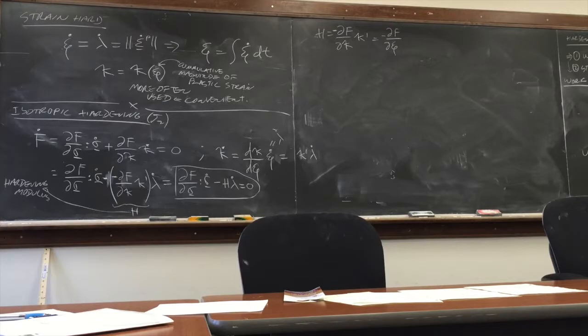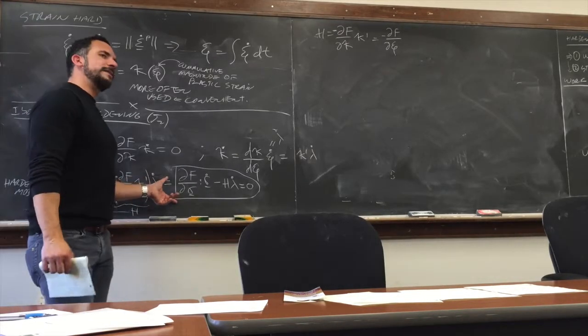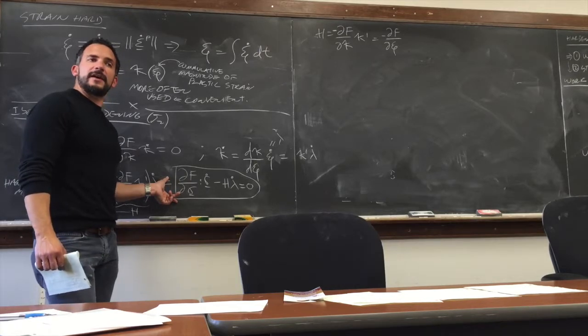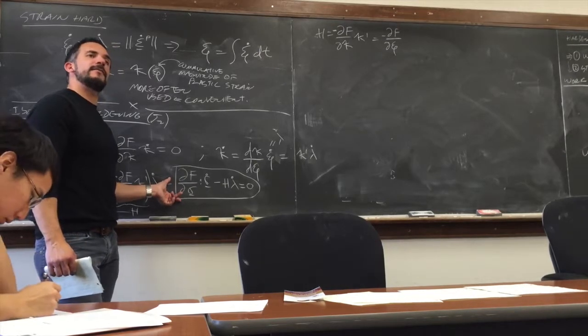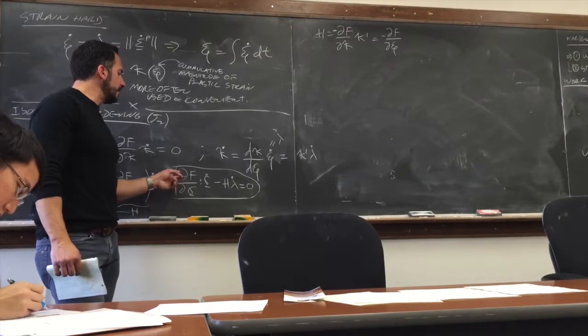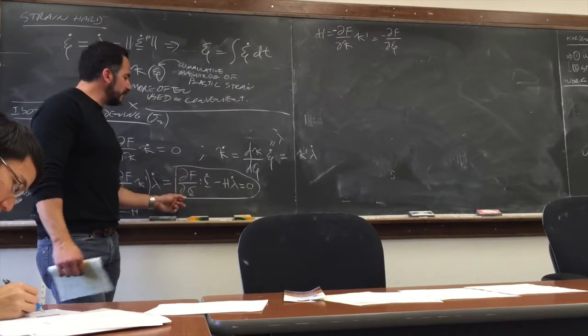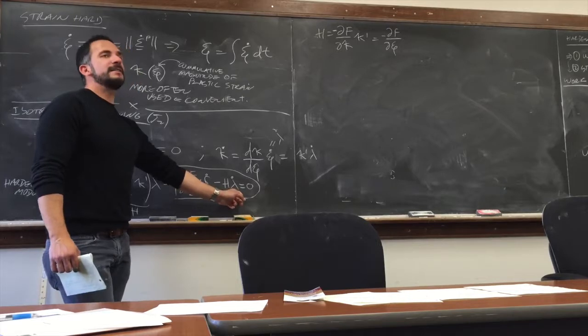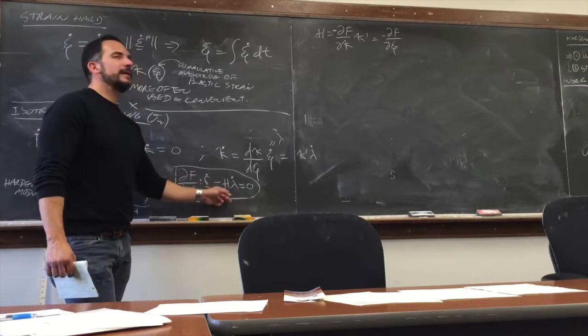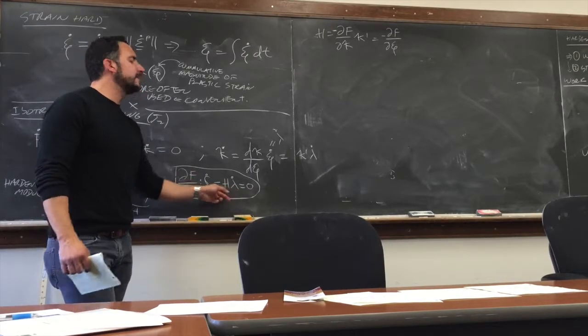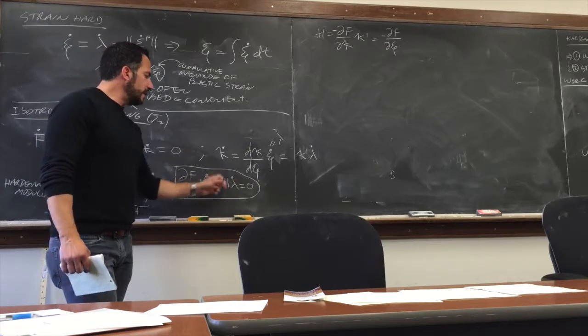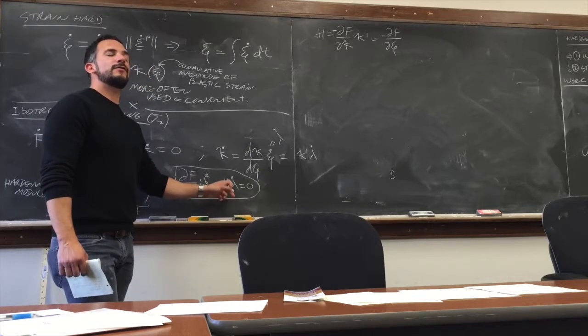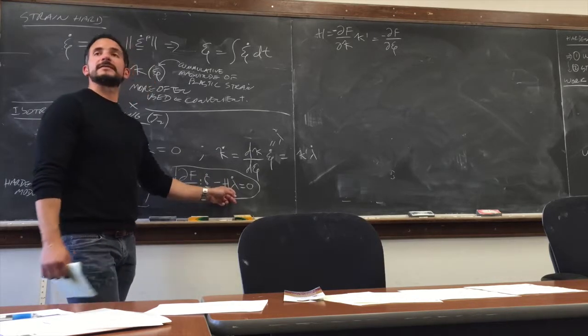I would say 95% of the models I know always have this form, or they can be written in this form. So your F dot is your variation of F with respect to sigma, and then the variation of sigma with respect to time, minus a measure of variation of the yield surface with respect to the plastic processes.